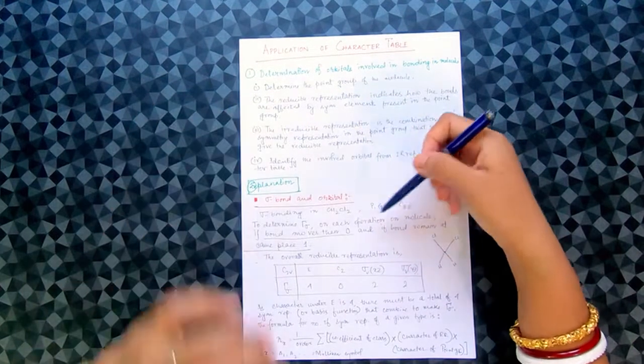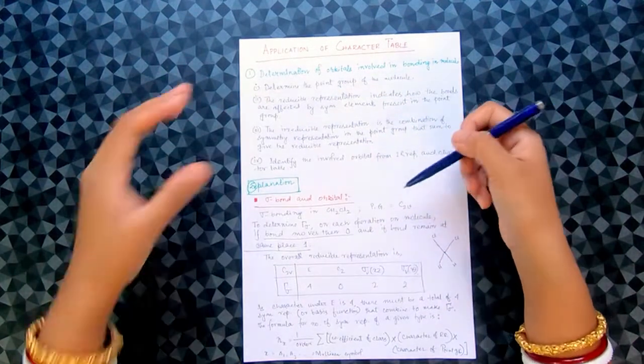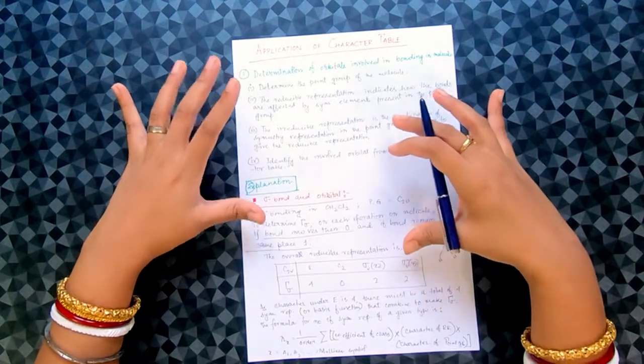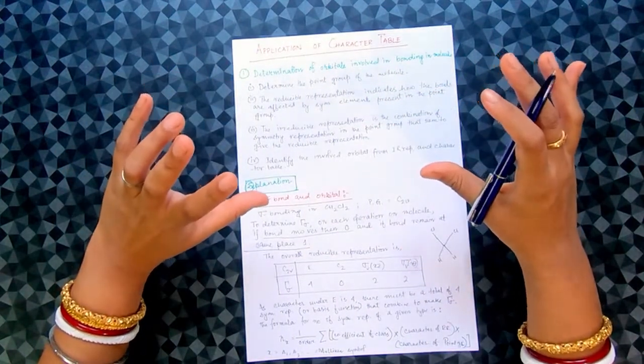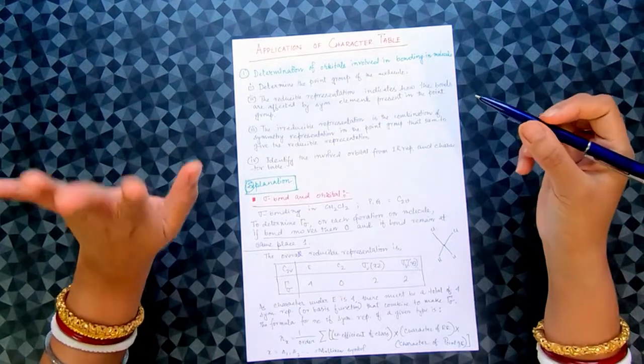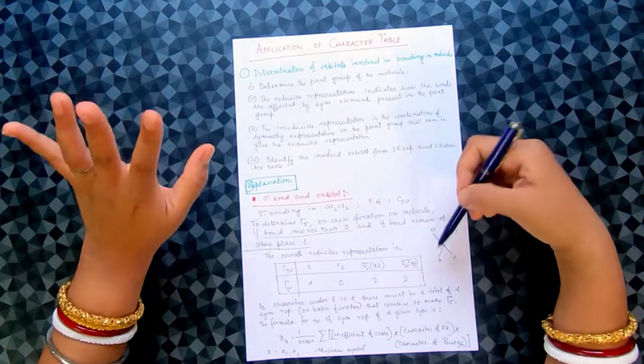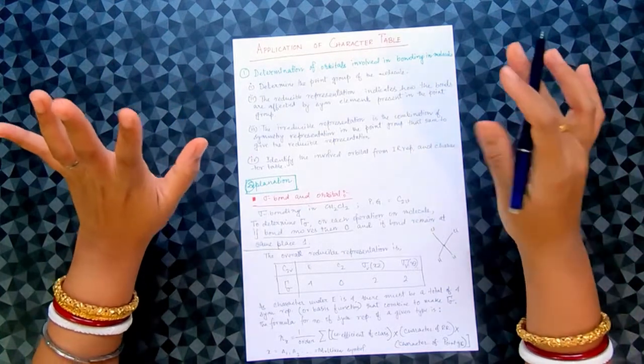It has a molecular point group of C2v. That's why these four symmetry operations are there, and we know that four bonds are present. What are those four bonds? Two carbon-chlorine bonds and two carbon-hydrogen bonds.